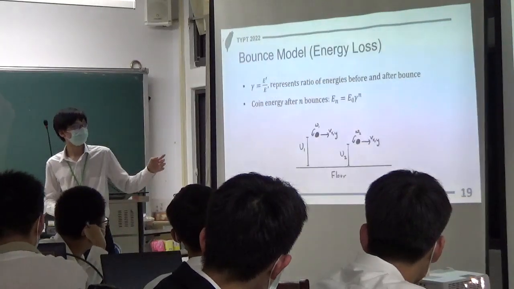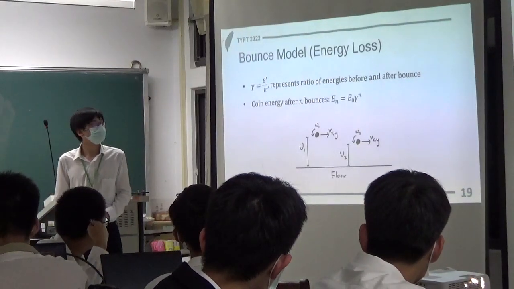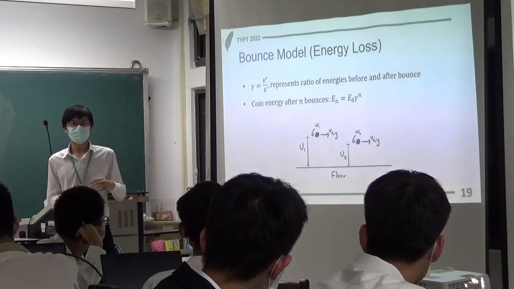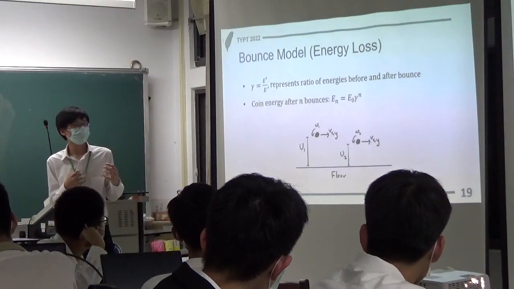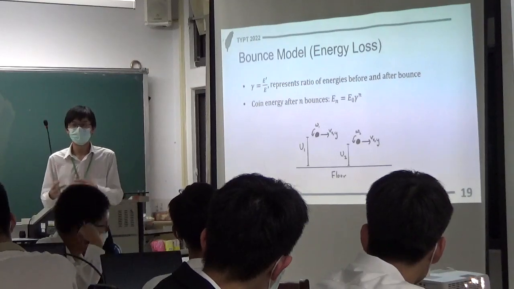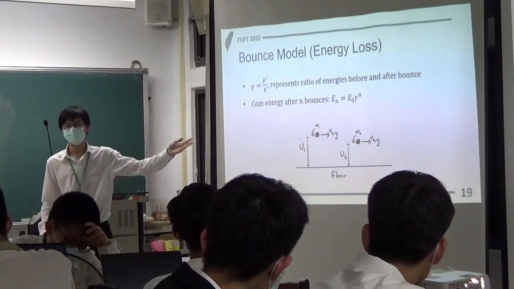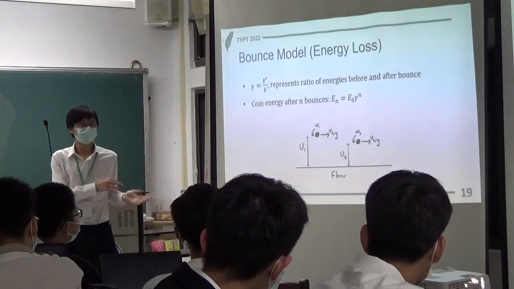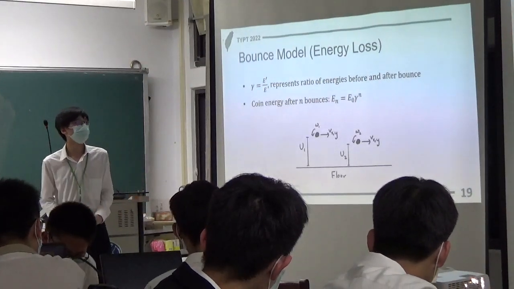And we assume that gamma is constant, so after every bounce, it would have an energy that's gamma times the energy before. So the energy after n bounces would be E of n, which is equal to the initial energy E0 times gamma to the power of n.